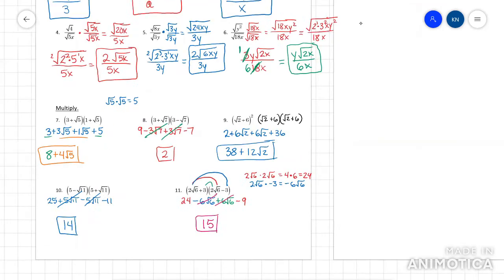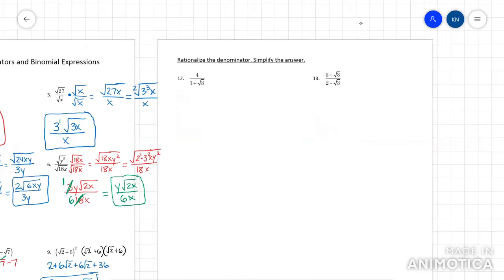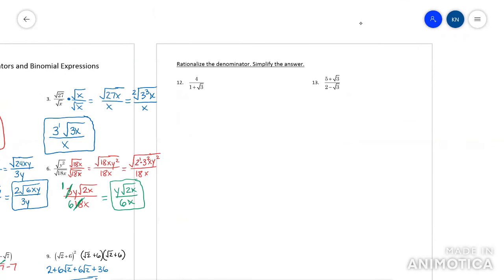So the reason we just practice that is because sometimes when you're rationalizing the denominator, you're going to have binomials. So if you have a binomial denominator, you need to make your own difference of squares.